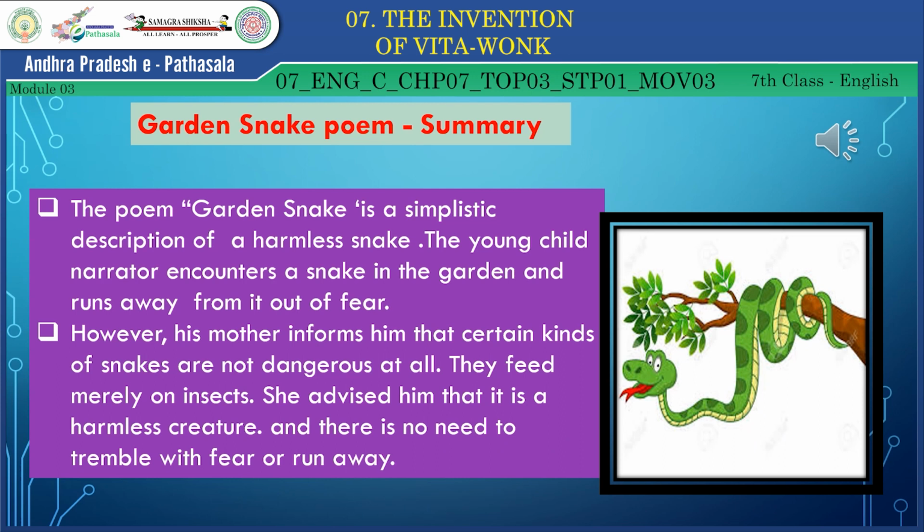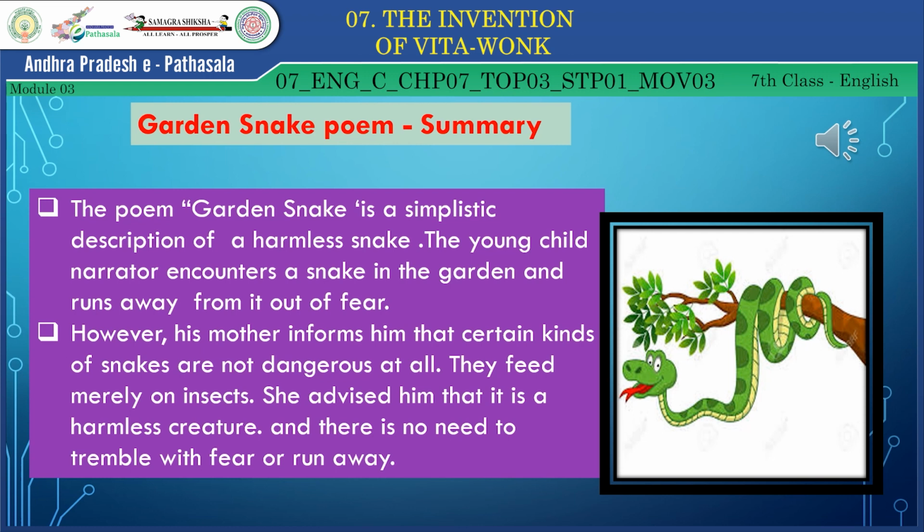Here is a summary of the poem Garden Snake. The poem Garden Snake is a simplistic description of a harmless snake. The young child narrator encounters a snake in the garden and runs away from it out of fear. However, his mother informs him that certain kinds of snakes are not dangerous at all. They feed merely on insects.